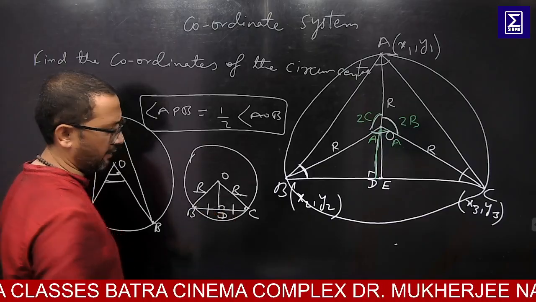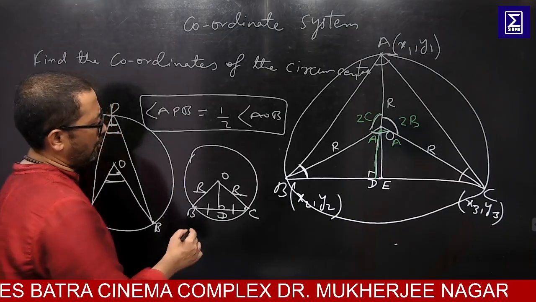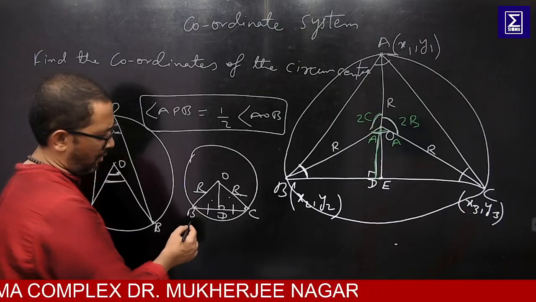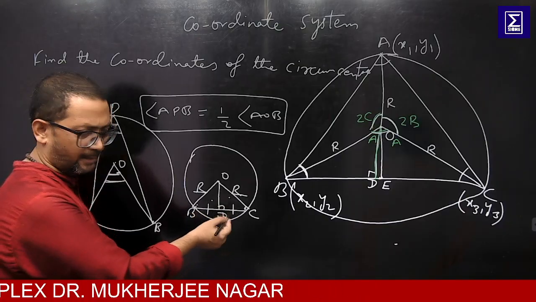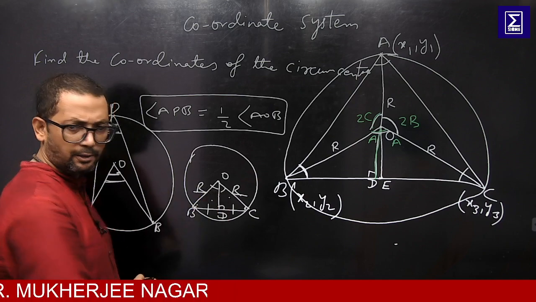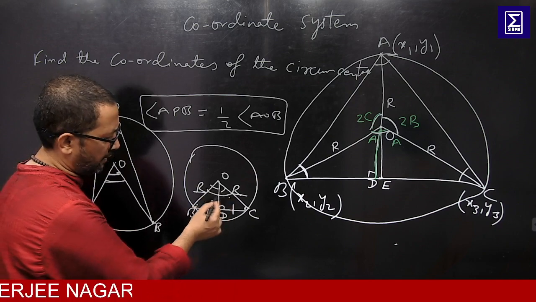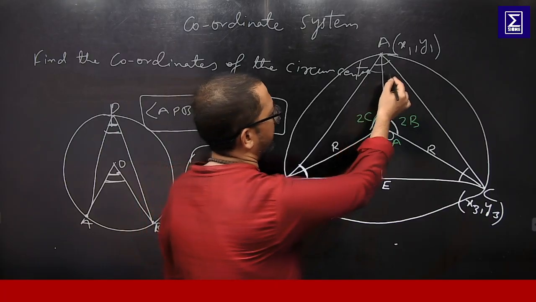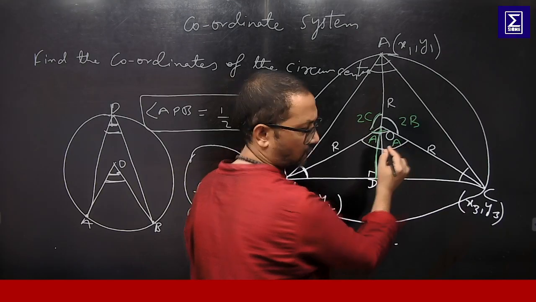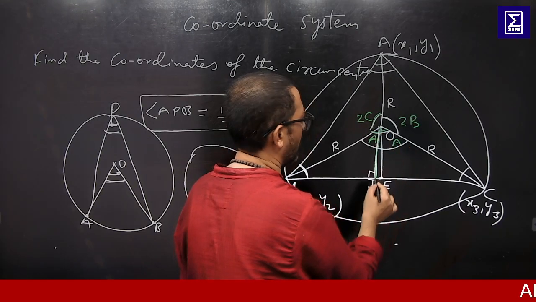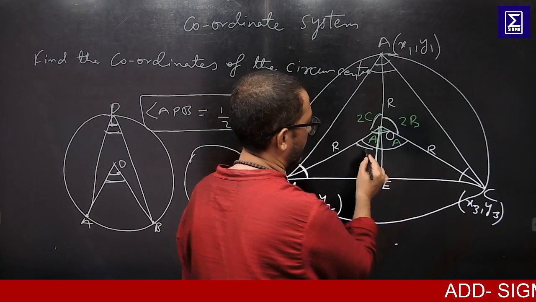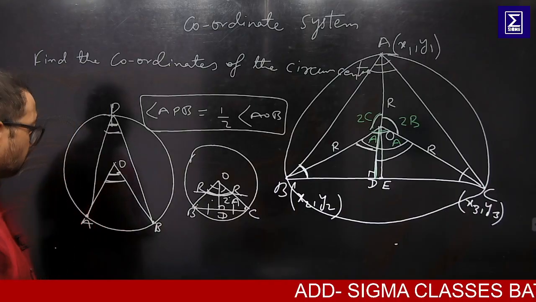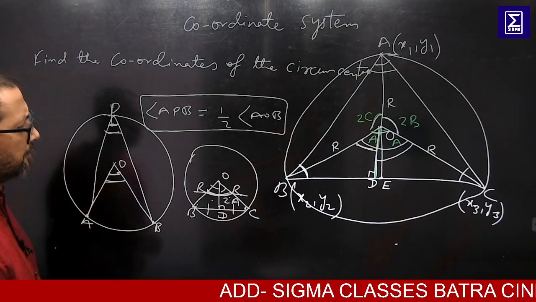This is making an angle of 90 degrees. So both the triangles are congruent. By CPCT, corresponding parts of the triangles will be equal. So this angle will also be equal to this angle. What is the total? This angle is 2 times A, as you see, this is angle A. So this OD will divide it into 2 equal halves. This will be A and this will also be A. Is that clear? So now moving to the next part here.